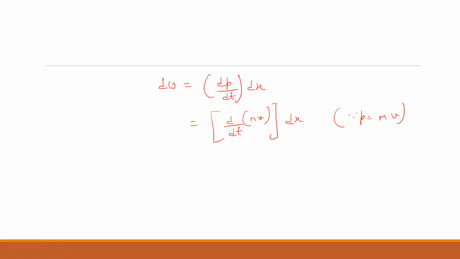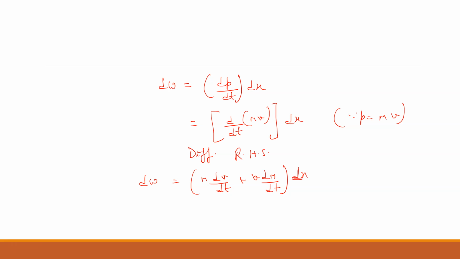Now differentiate the right hand side term. So dW will become m dv by dt plus v dm by dt, dx.